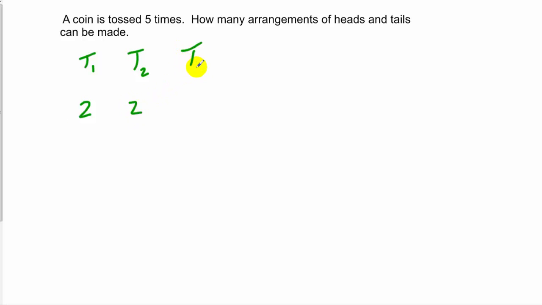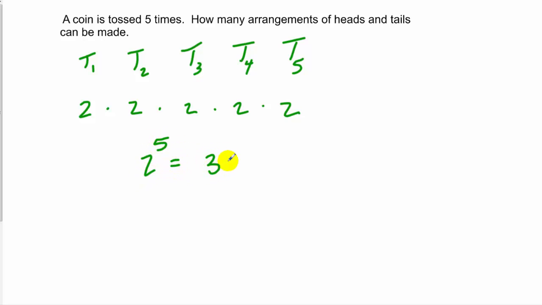On my third, fourth, and fifth tosses, another 2 outcomes each. So really what I have is 2 to the 5th different ways to do this, or 32 different combinations of heads and tails.